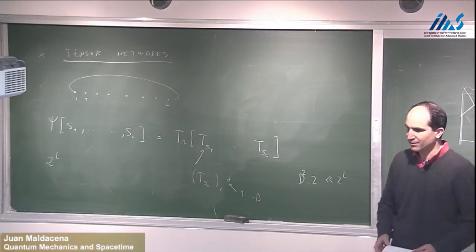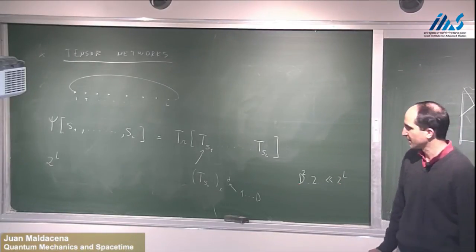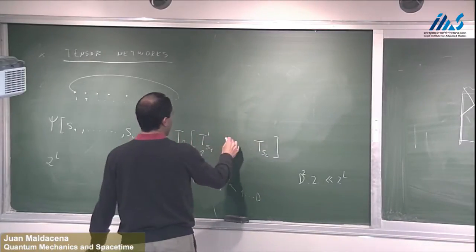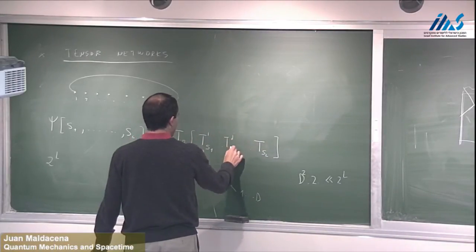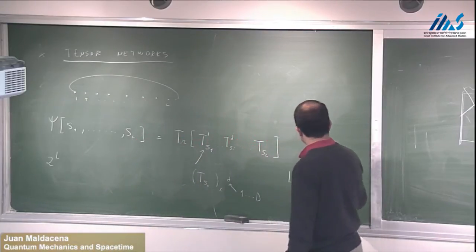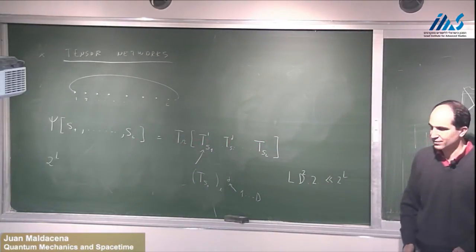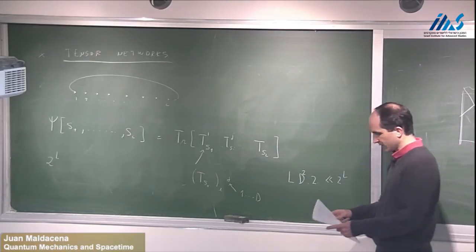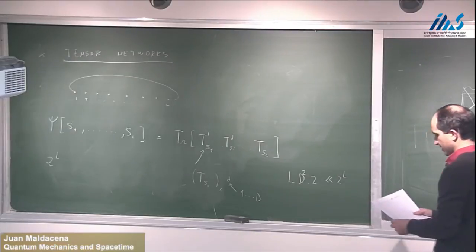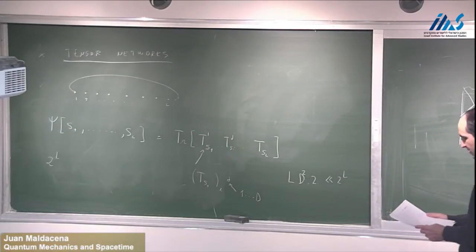So the space of wave functions you can write this way is much smaller. I mean, you can even make these tensors different, and even if you make them different, all you get is an extra factor of L here, which for large L still continues to be much smaller. Okay, so this is describing a set of states which is much smaller than the original set of states.